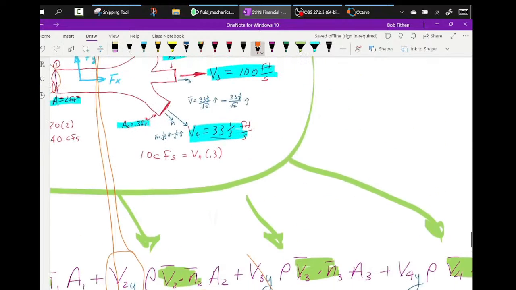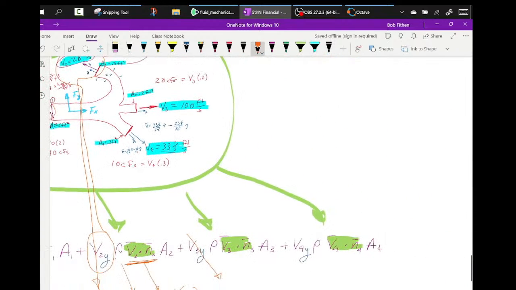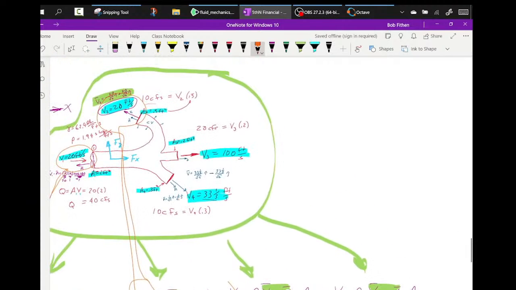The y component of V4. Well, it's 45 degrees. So, the y component was 33 1/3 over square root of 2, but it is going downward. Negative, upward, positive. Upward positive means that.